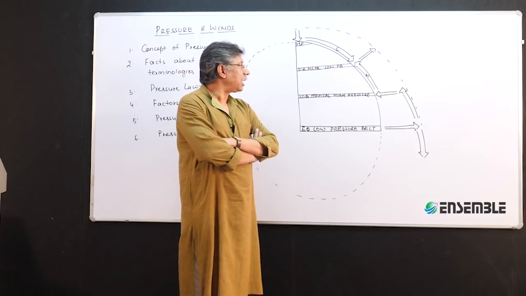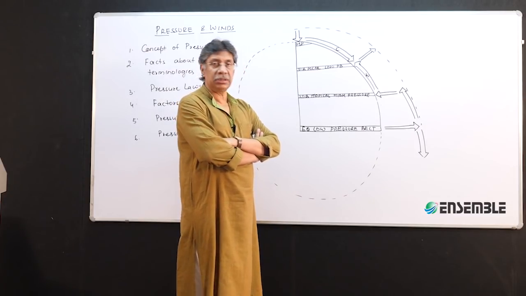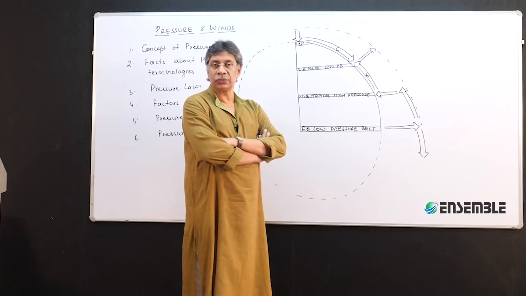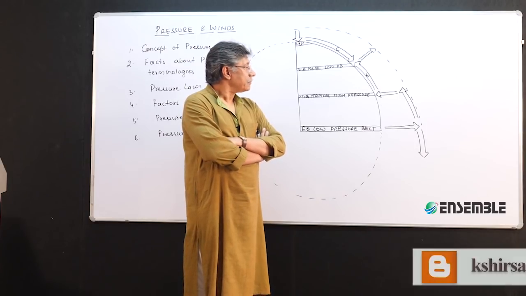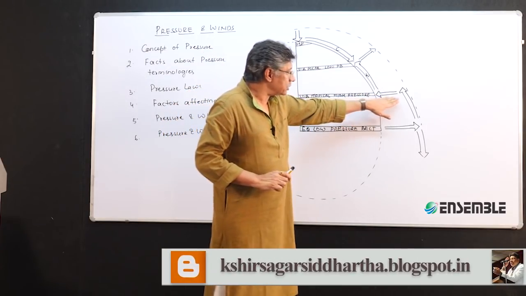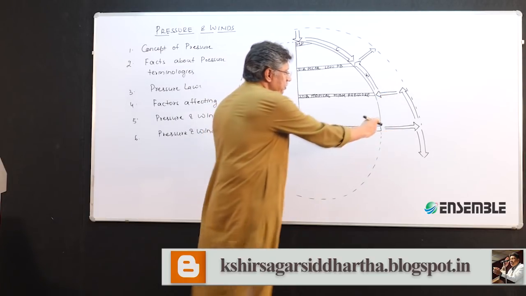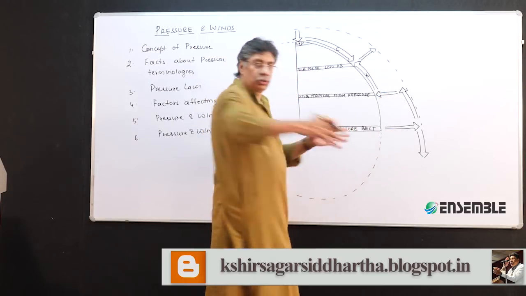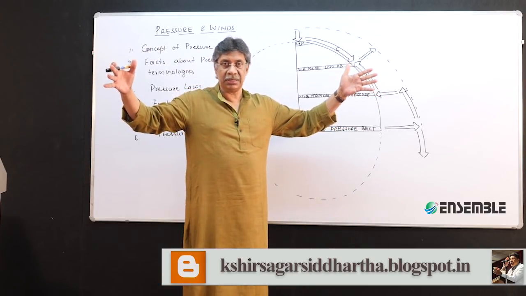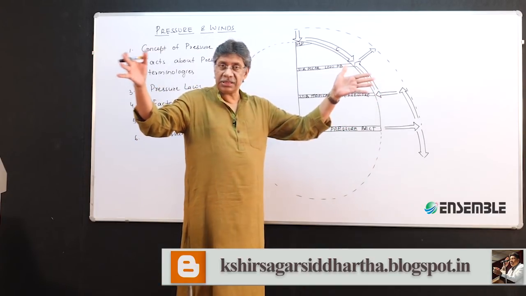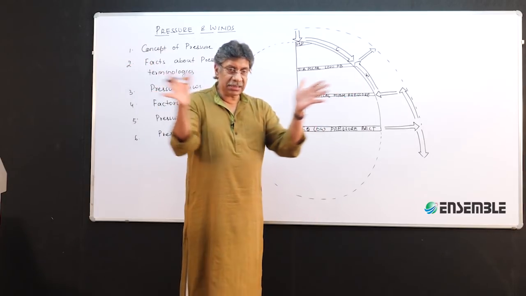And why is it that the high pressure will evolve in this place? High pressure will be here, accentuated by the fact that at this place, the whole of this region has a very large radius, and at this place, the radius is shrinking.